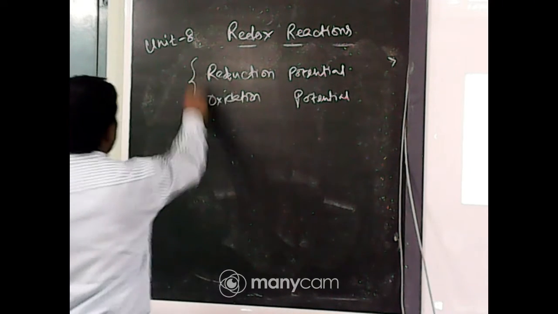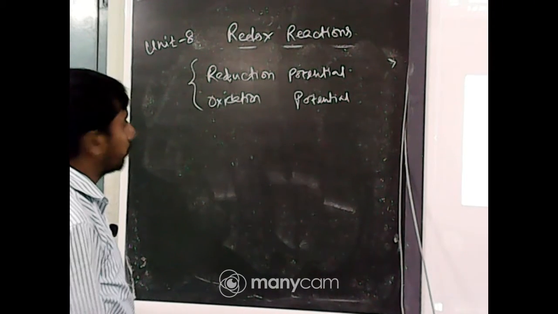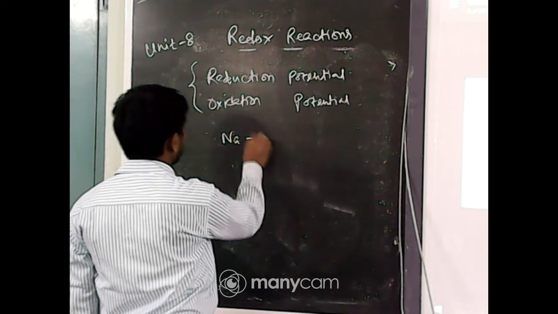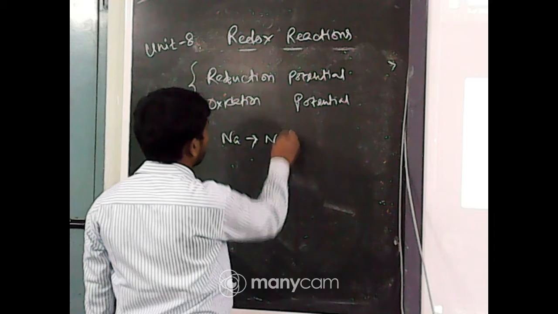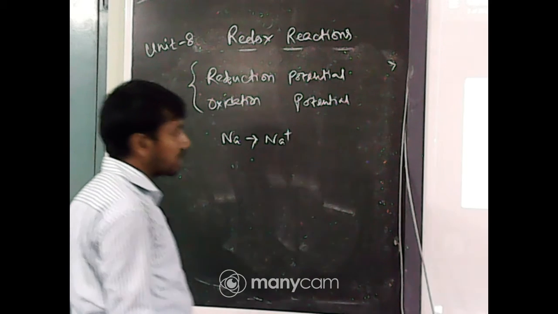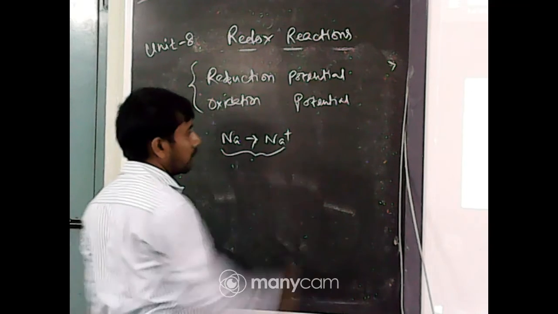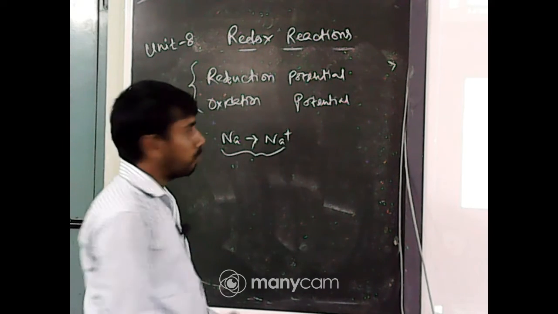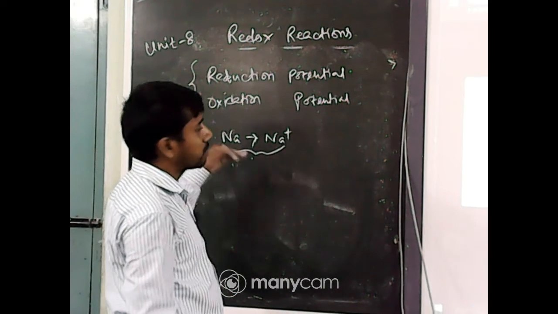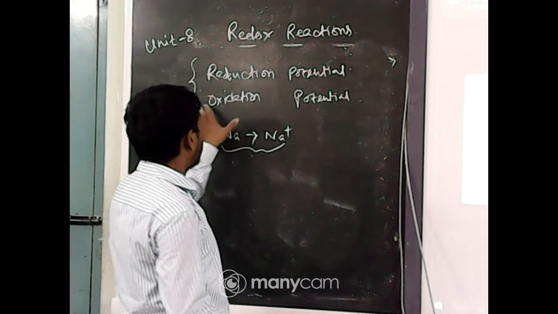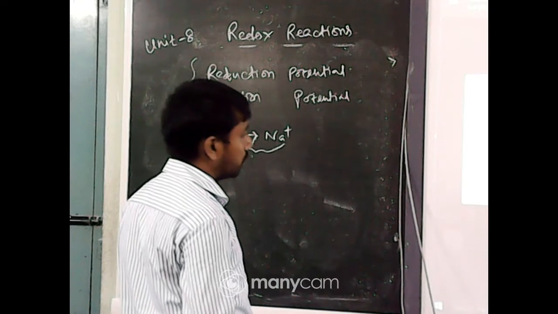Okay. So, the reduction potential and oxidation potential. What is oxidation potential? That means Na to Na plus. The process is oxidation, and the energy required to transform such kind of change is called oxidation potential.